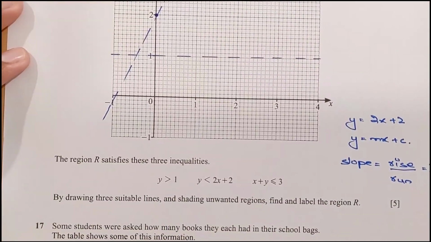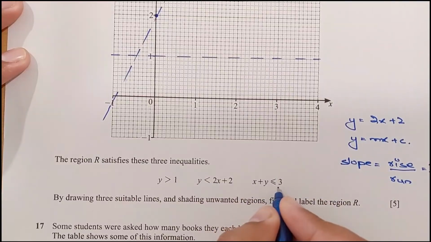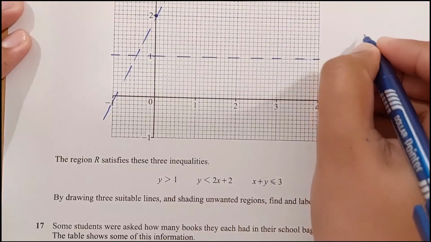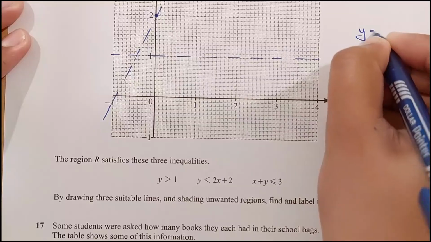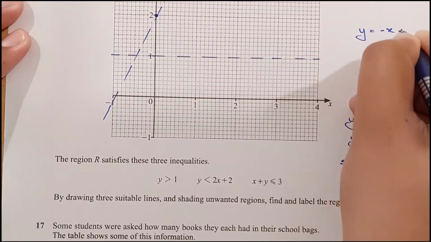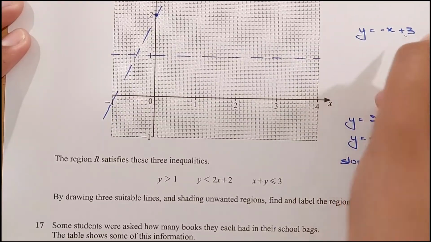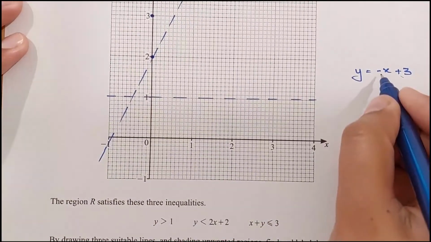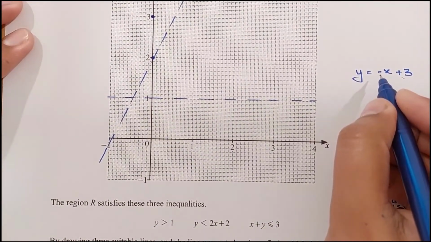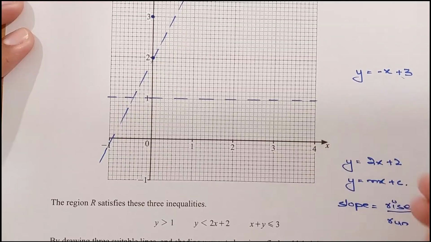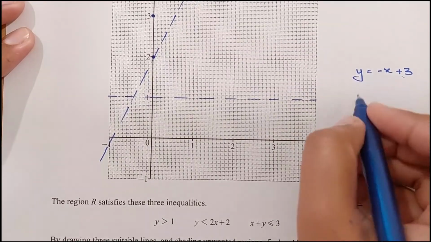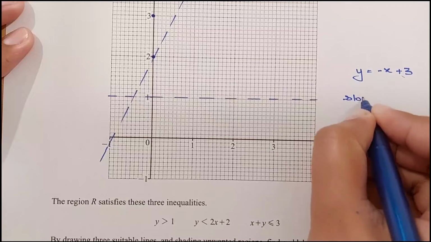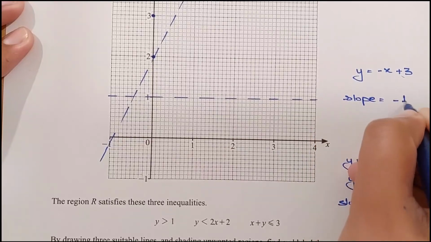Okay, now the third is x plus y is less than or equal to 3. If I rewrite this, y equals minus x plus 3. Again, the y-intercept is 3, right? And the slope is minus 1. We can write minus 1 as minus 1 by 1. So that is again rise over run. Slope is minus 1 over 1.